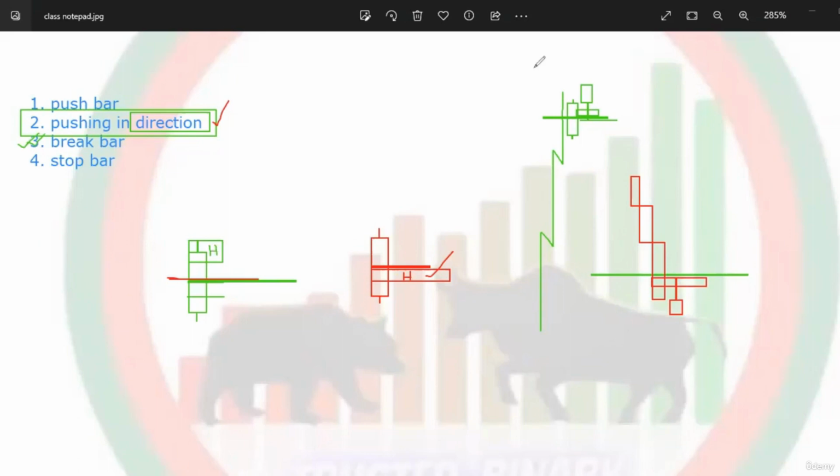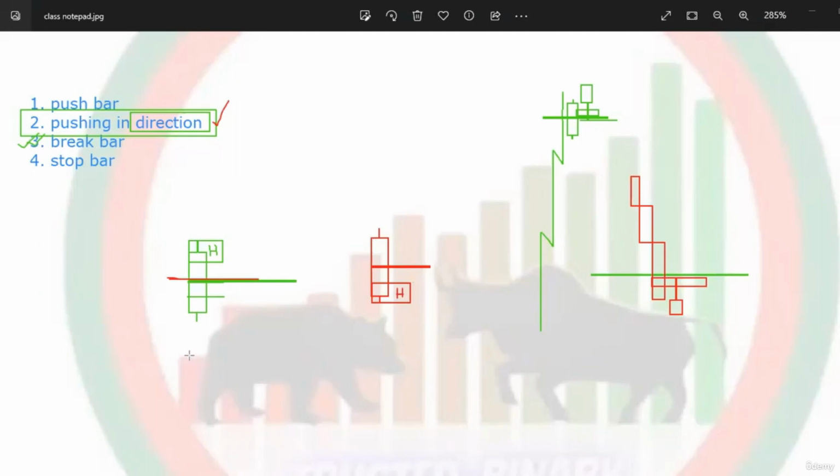Now in this case, from here to here, volume is high on the seller side. In between, this part is okay for the buyer side and this part is okay for the seller side.